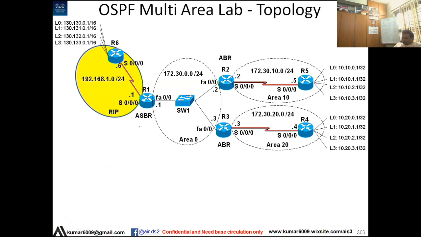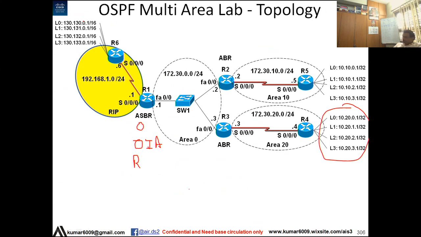R1 will have O for the same area, OIA for different areas. If I get these routes, they will come as OIA. And if it is coming from this side, RIP, what will be there?